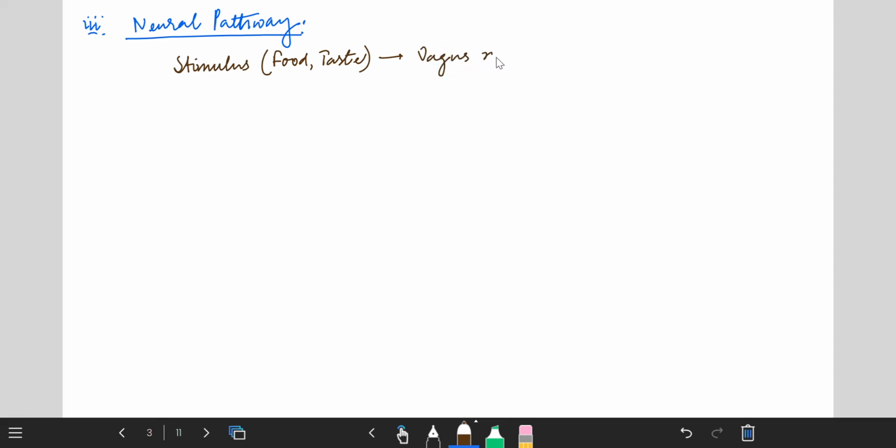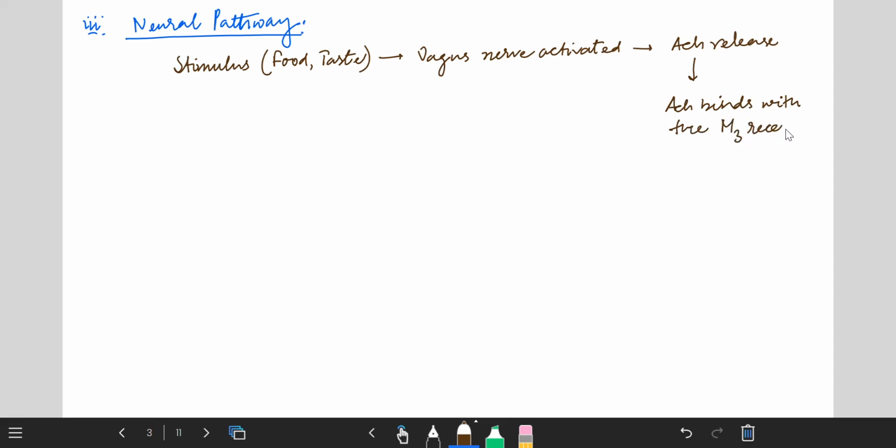That will then release acetylcholine neurotransmitter, and this neurotransmitter binds with the M type 3 receptor present in the parietal cells. As a result, stimulation of G cells, parietal cells, and ECL cells occurs.